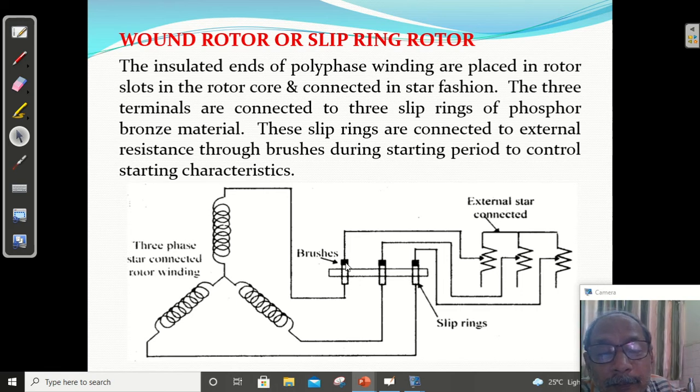So you can say this is the brushes, this one black one. Okay, this is the shaft, and these are the slip rings. It will be placed on the shaft. Okay, we are going to provide some insulation between slip ring and shaft, and these brushes will ride on the slip rings. So additional resistance you can insert in series with the winding.